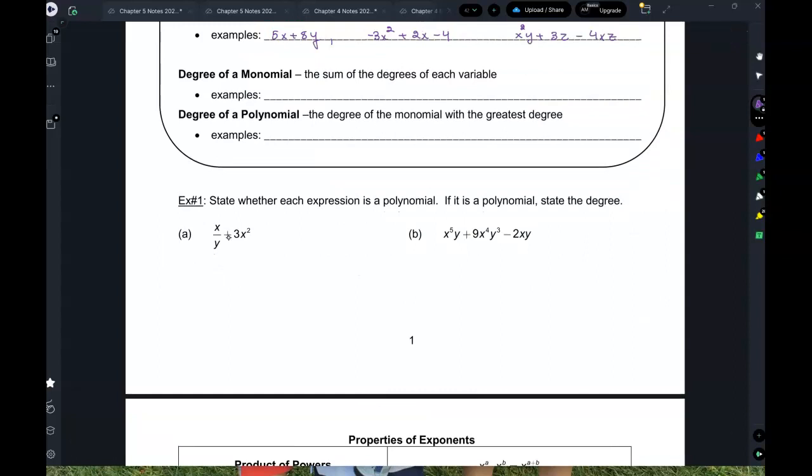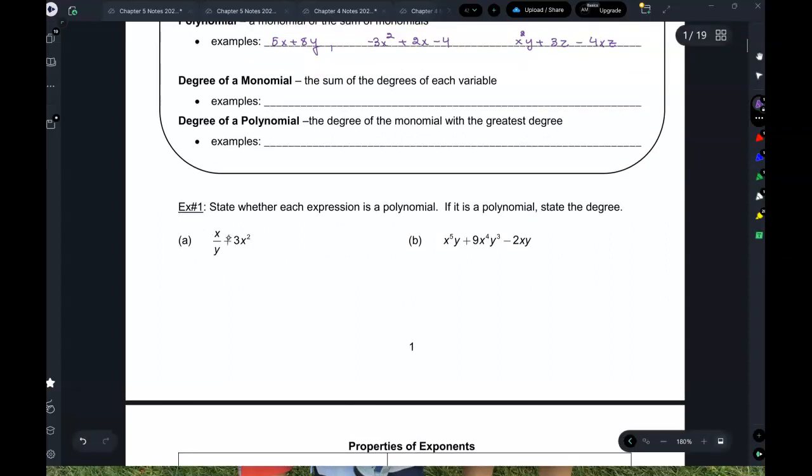The degree of a monomial is the sum of the degrees of each variable. Okay? So for example, if I have 3x to the 4, the degree is 4. Now if I have negative 7x squared y to the 3, now the degree is how much? 5, because you add up all of the exponents.